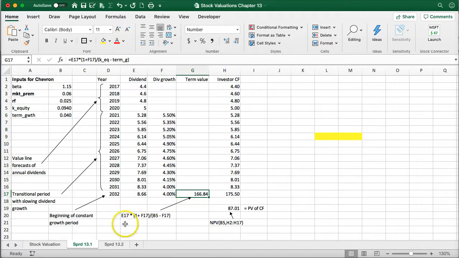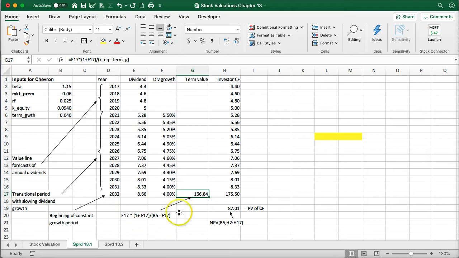So to calculate the terminal value, we're going to do E17, which is the ending dividend in year 2032. I'm going to multiply that by 1 plus F17, the growth rate, and divide that by B5, which is the required rate of return, or K, minus F17, which is the growth rate.